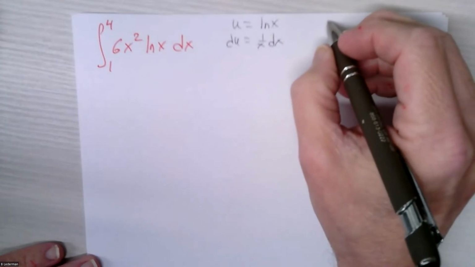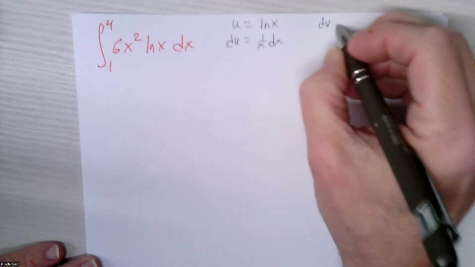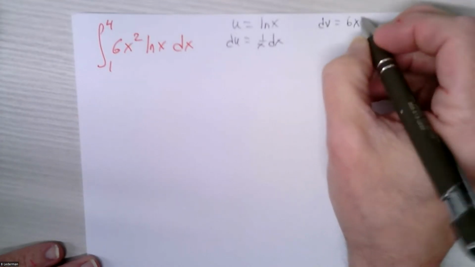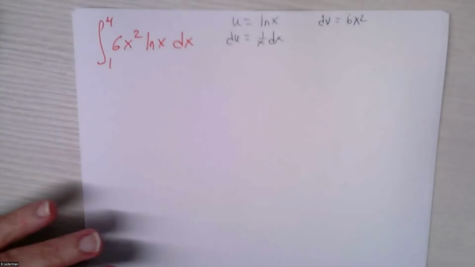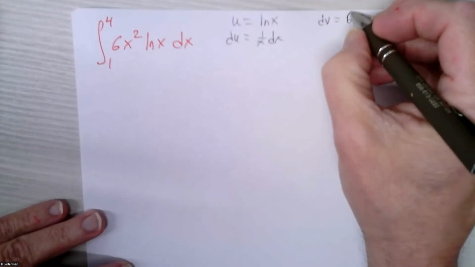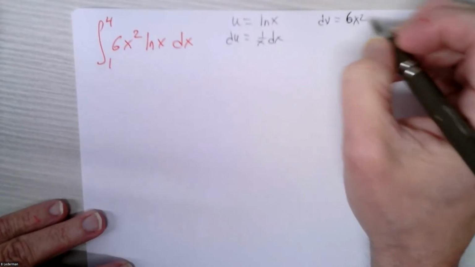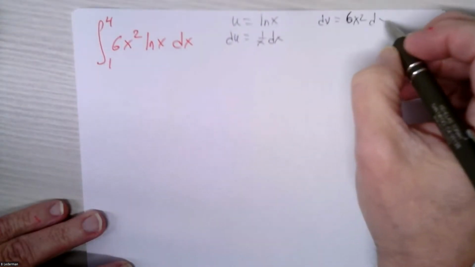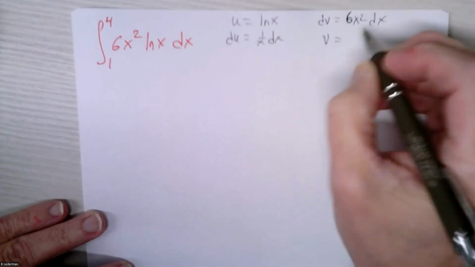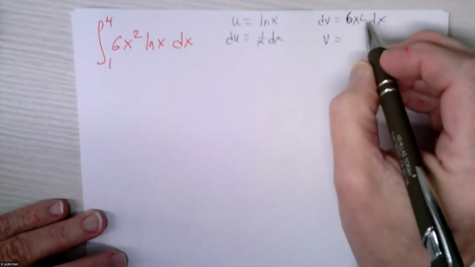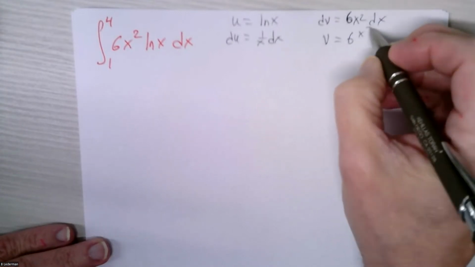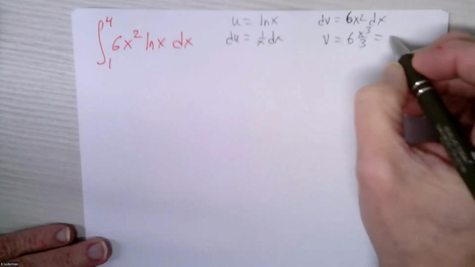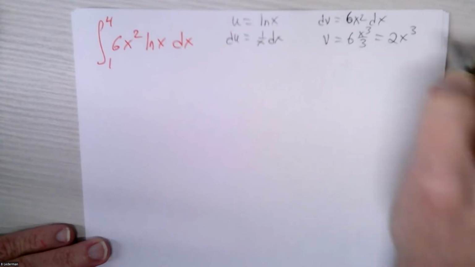So anyway, dv equals 6x squared dx. So v, again, that's just the antiderivative. That's going to be 6x cubed over 3, which is just 2x cubed.